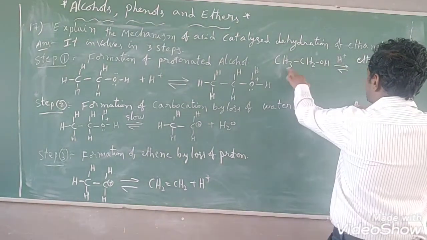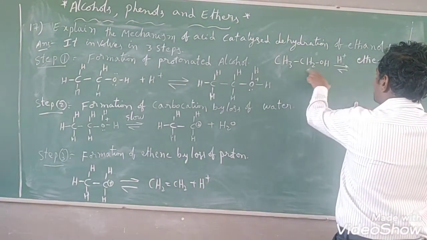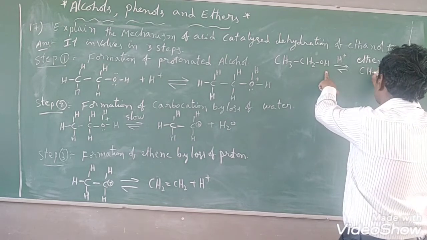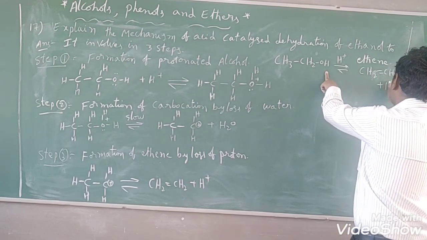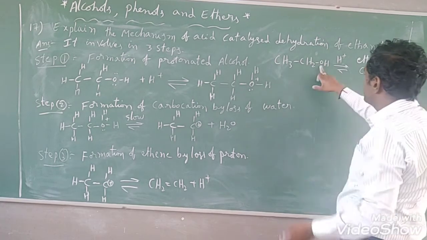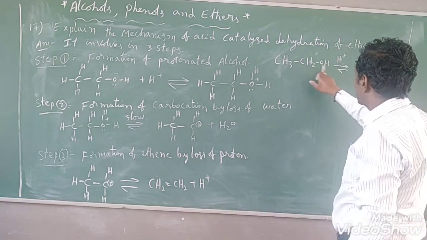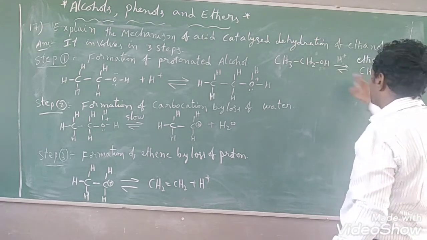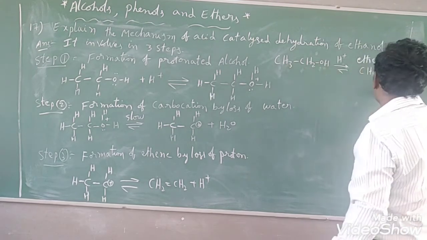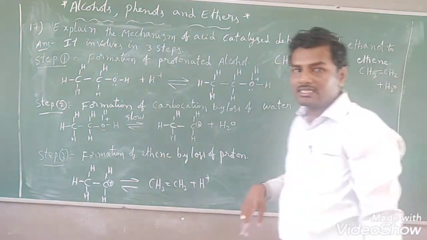Acid-catalyzed dehydration of ethanol gives ethene, CH2 double bond CH2, plus water. Removal of water takes place from the alpha carbon OH group, and from the beta carbon hydrogen is removed in the form of a water molecule. It leads to the formation of alkene, that is, ethene.